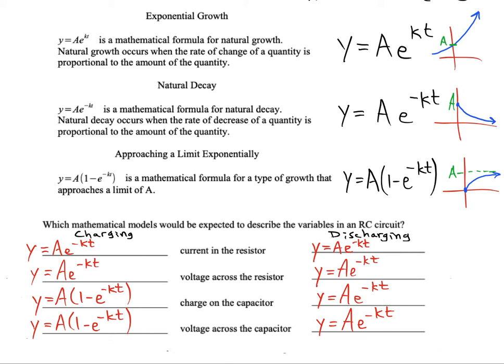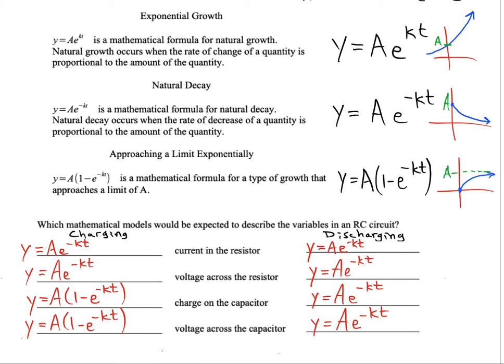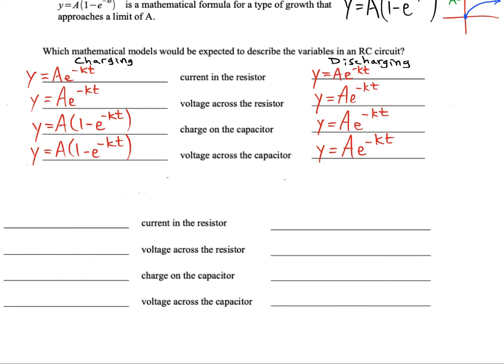Now all we have to do to make our equations for RC circuits is to use the variables involved in RC circuits. By that I mean I'll rewrite the formulas now using the physics variables of I, V, and Q.